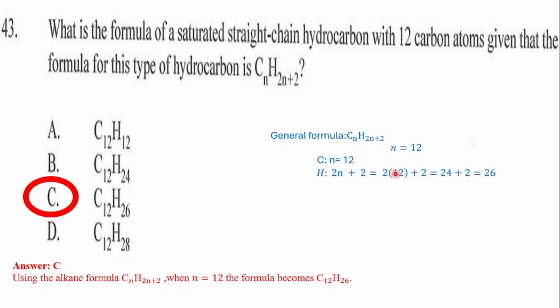Well, 2 times 12 is 24. 24 plus 2 is going to be 26. So that means that we have C12 because Cn, and we have H26 because we got 26 here. Again, C12H26. And that's how we do it. All we need to do is substitute.